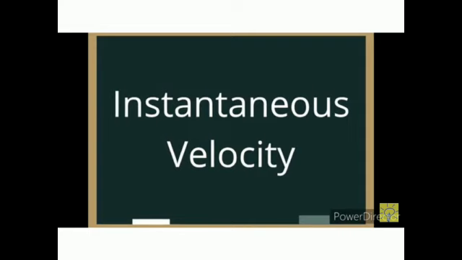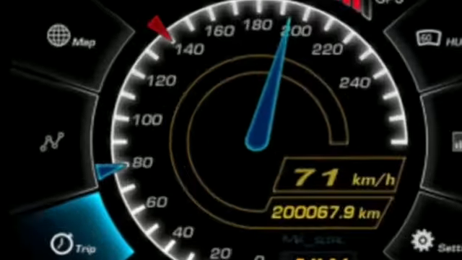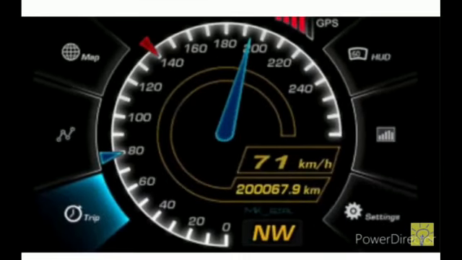Third is instantaneous velocity. As we have discussed that type of velocity in the previous lecture, but today we are just recalling it. Instantaneous velocity means that type of velocity which is fixed at a certain point. For example, we have a car speedometer and we want to check the velocity of that car at 140 meter per second.